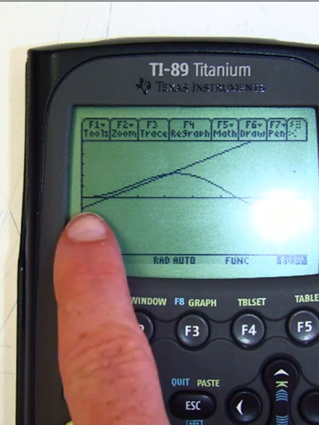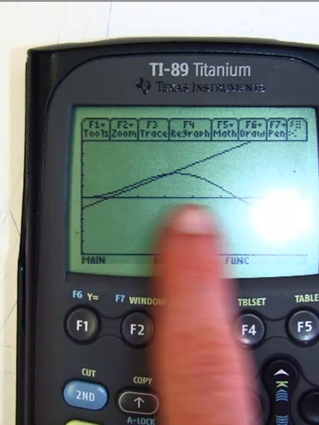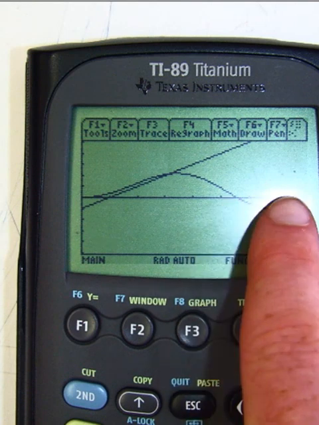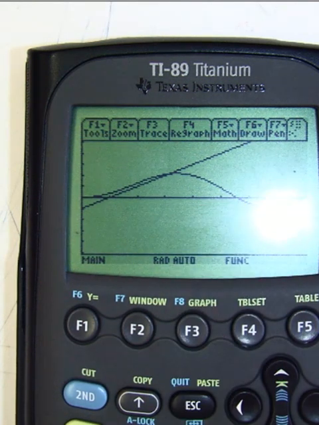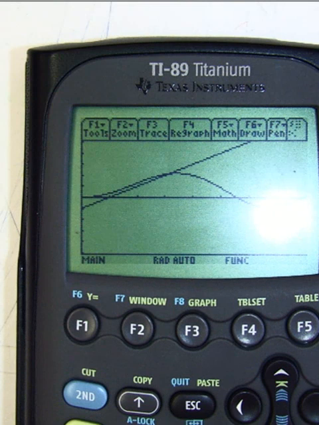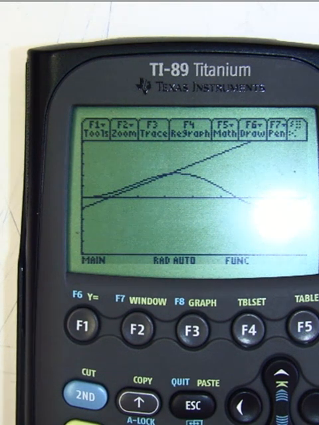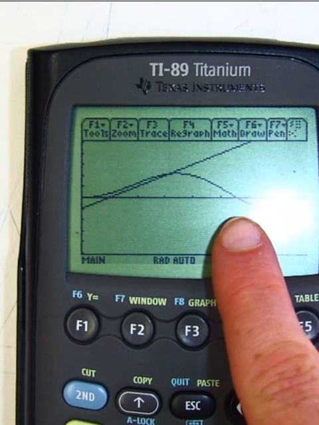And I see it might cross right there, but it definitely crosses over here. So then I can just focus in on what's really important. I don't want to look at all my possible solutions. I only want my solutions on that interval. So I encourage you, if they're asking you for solutions on the interval, graph the function, change your window so that you're only looking at that interval, and then you can find your zeros.